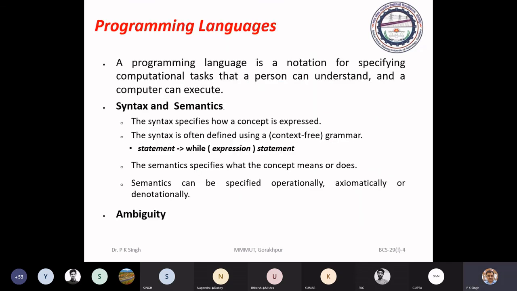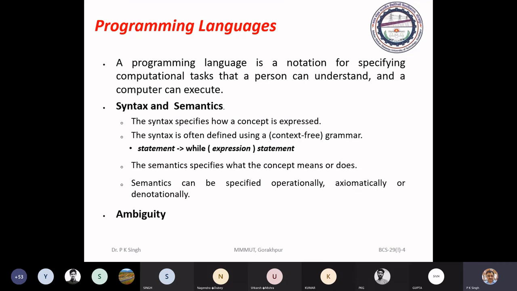See, perhaps syntax and semantics are clear, and why we use a compiler is also clear. Now see, there is ambiguity. We will discuss in detail. Ambiguity in the syntax.